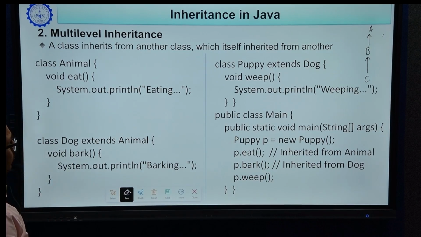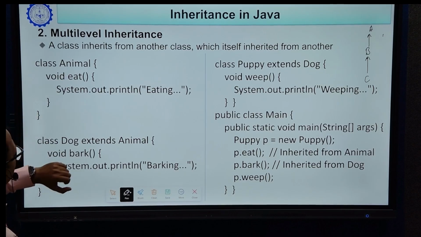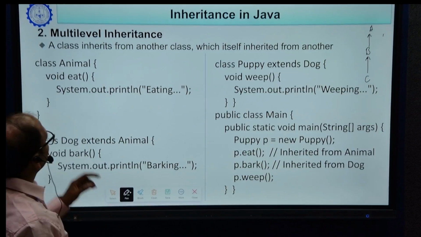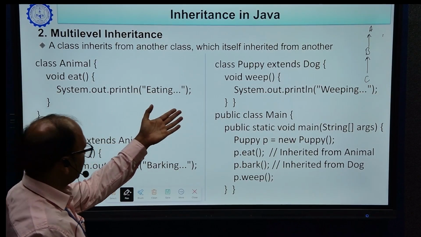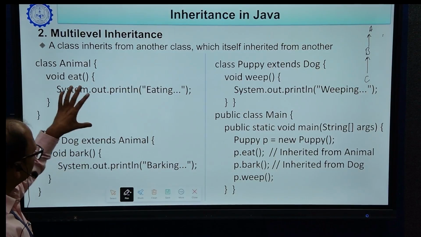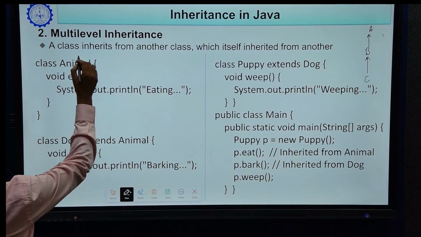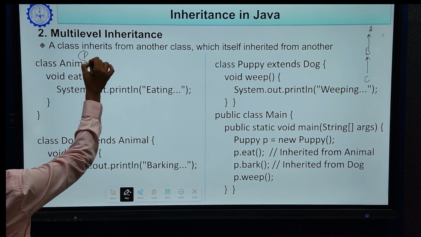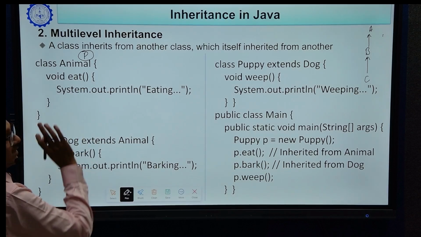So in this example, we are taking three classes. One is the animal class, another is the dog class, and the third one is the puppy class. The parent class is the animal class having one method eat, and we have a statement eating in this class. Now dog is the child class of this animal class, right?